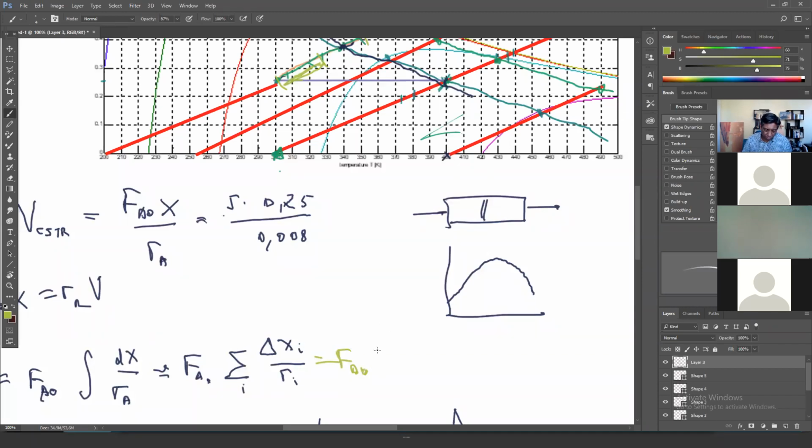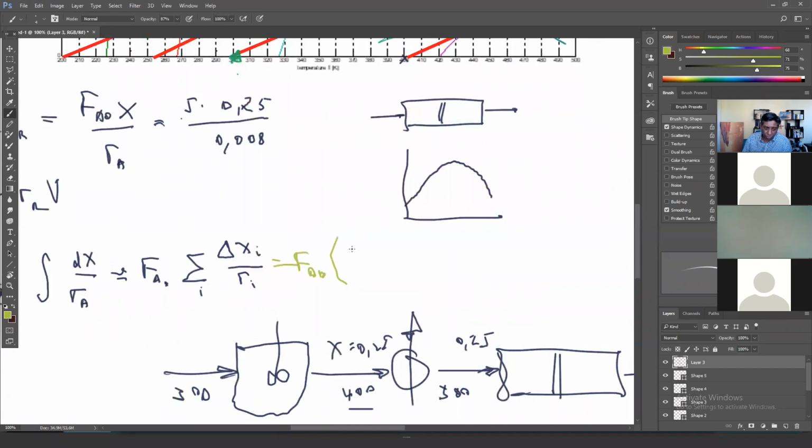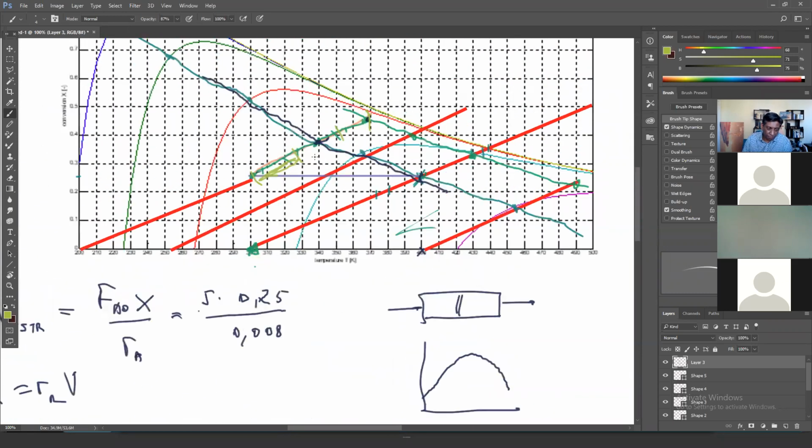Delta X in this region is about 0.1, it looks like 0.35 minus 0.25, so let's call that 0.1, divided by the rate over there.